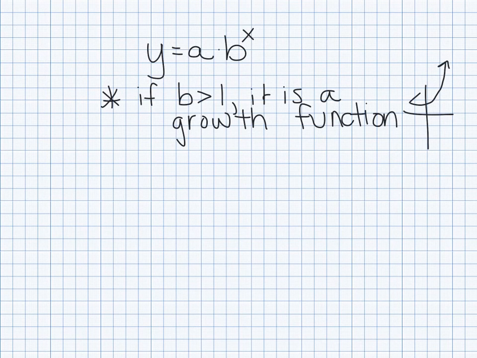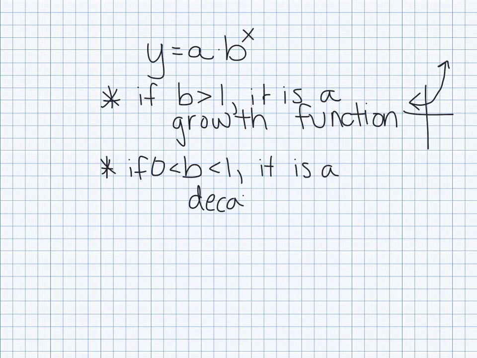If b is less than 1, but greater than 0, it is a decay function, which means your numbers get smaller. On a graph, this is going to look like that. As the input gets bigger, the output gets smaller.